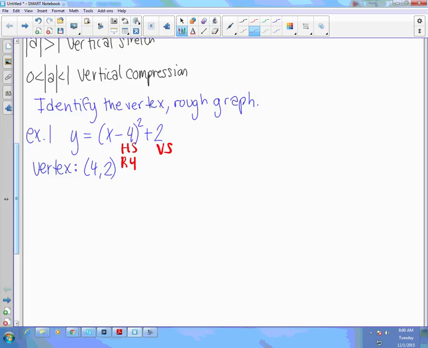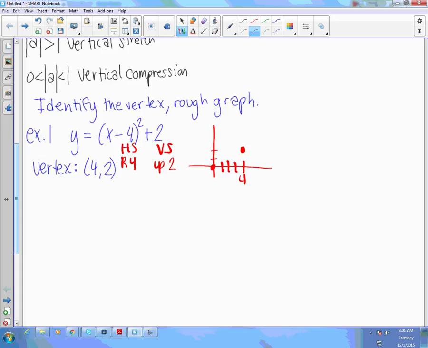It's same sign, so the vertex moves vertically, up or down, up, 2. So we take our vertex, which is normally the origin, and we go right, 1, 2, 3, 4, up, 1, 2. And that's the vertex.